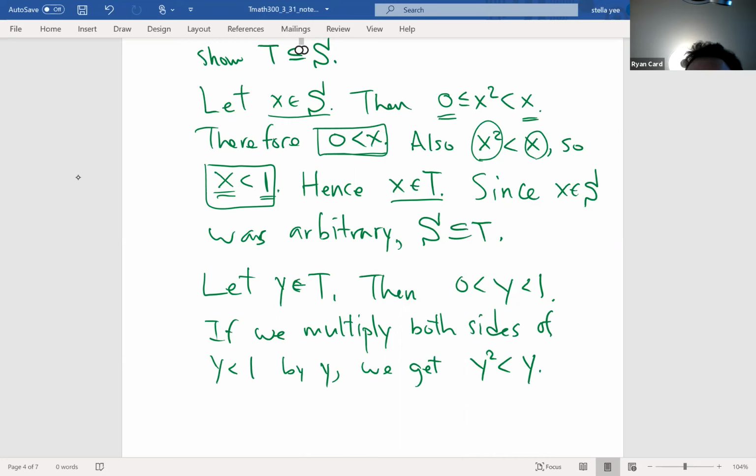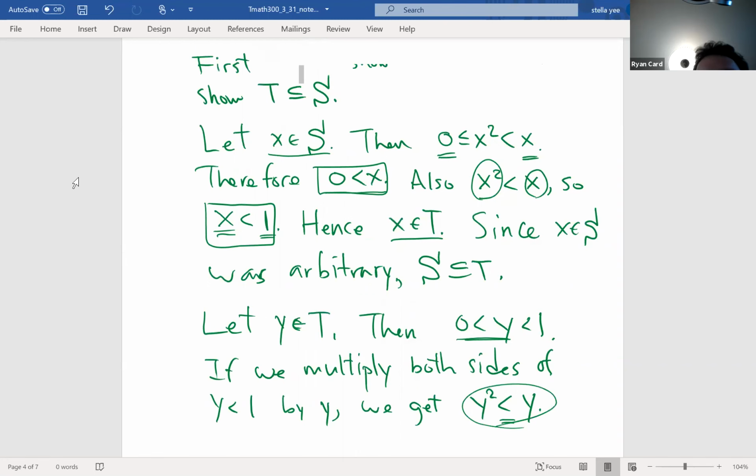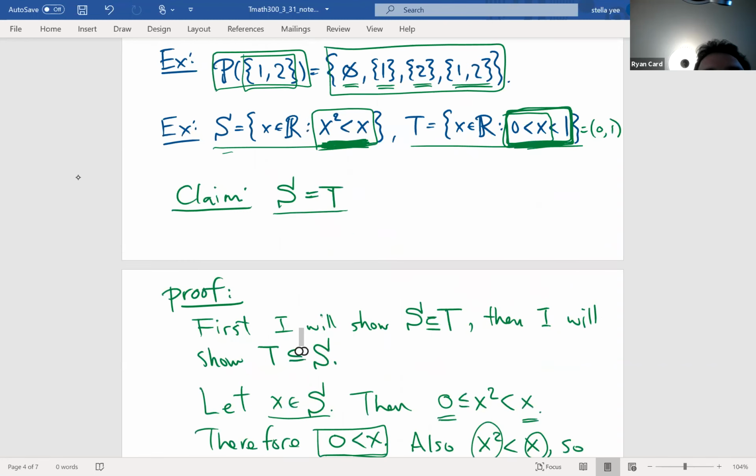I do not have to flip the inequality because I multiply by a positive number, right? I know that y is greater than 0. Okay, but y squared being less than y is exactly the condition we need to show that it belongs to set S.